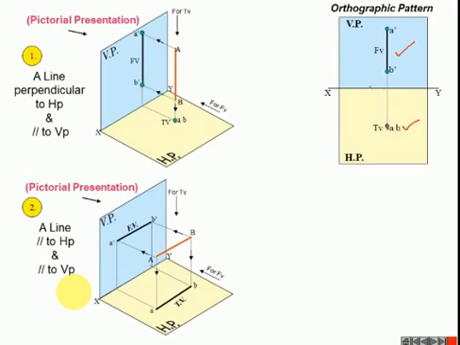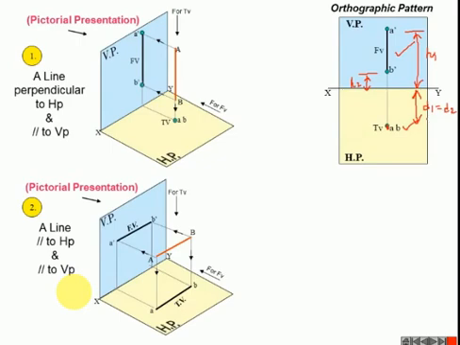So here we need to specify the distances. This distance is H2, for point B, as specified in the problem. One end A is H1 mm above the reference line. Similarly, the distances of A and B are the D1 distance. Here D1 equals D2, so D1 mm in front of the VP.